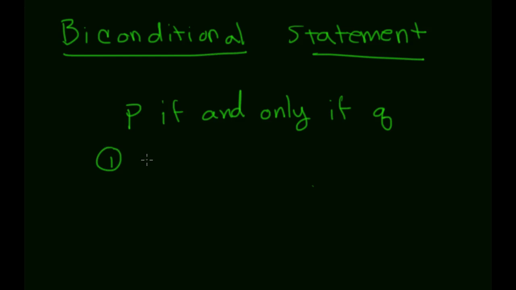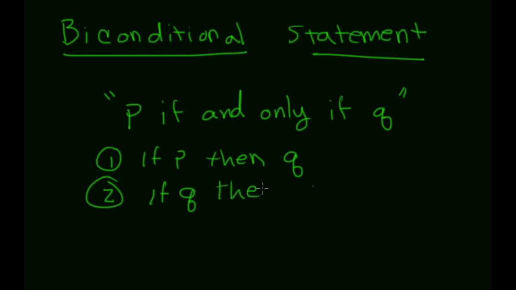This combines, one, if P, then Q, and two, its converse, if Q, then P. So in order for this statement to be true, both the conditional must be true and the converse must be true.